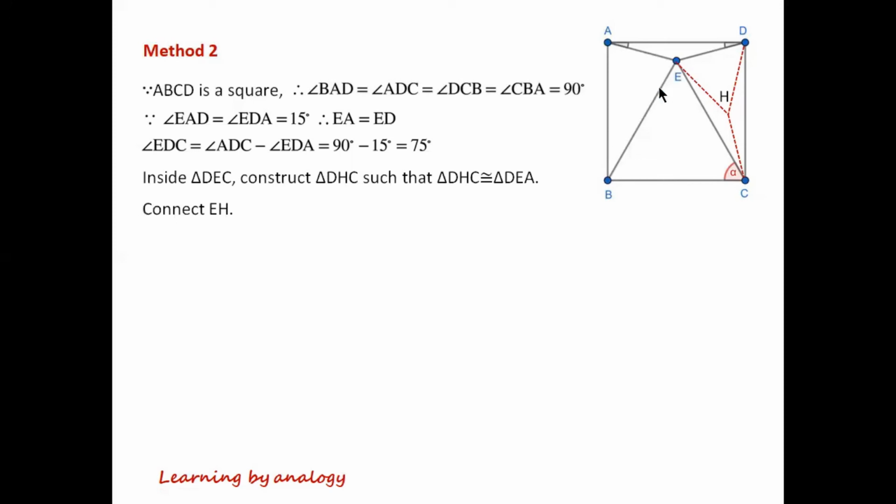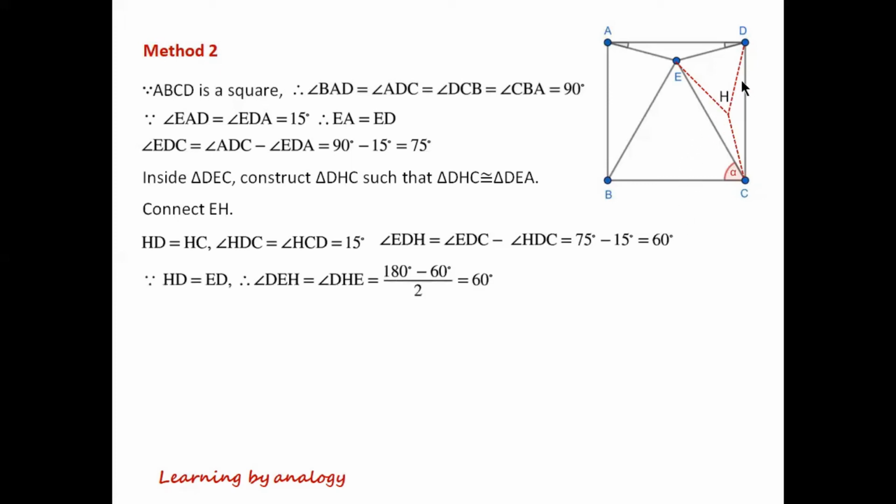Connect EH. HD equals HC. Angle HDC equals angle HCD equals 15 degrees. Angle EDH equals angle EDC minus angle HDC equals 75 degrees minus 15 degrees equals 60 degrees.